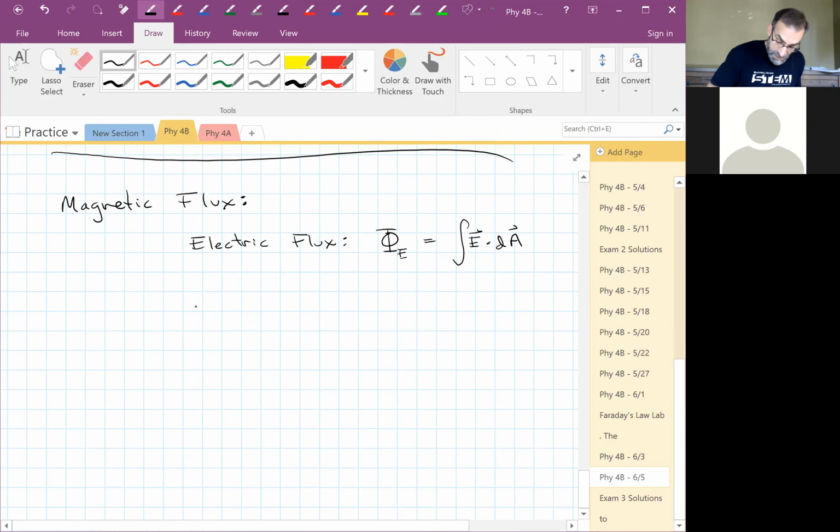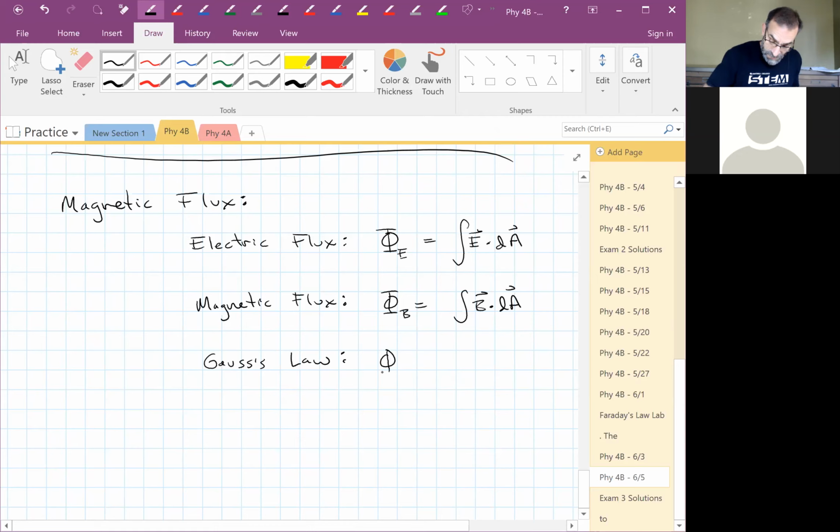And magnetic flux, integral of B dot dA over some surface. And Gauss's law told us that the electric flux was Q in over epsilon naught.